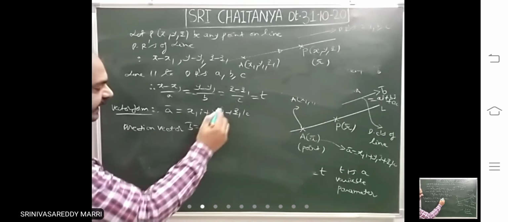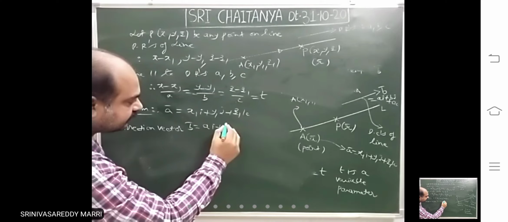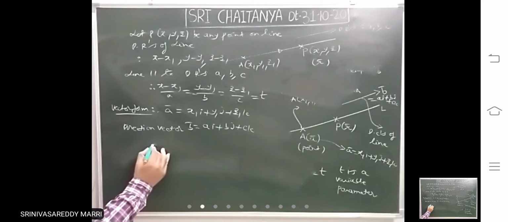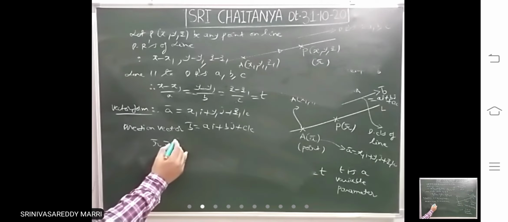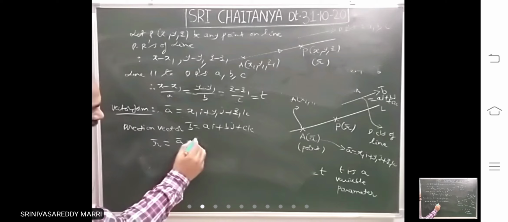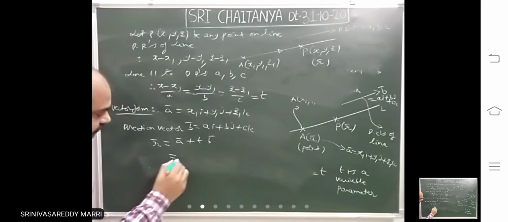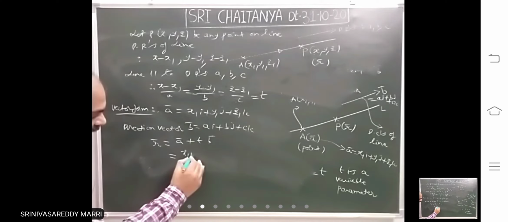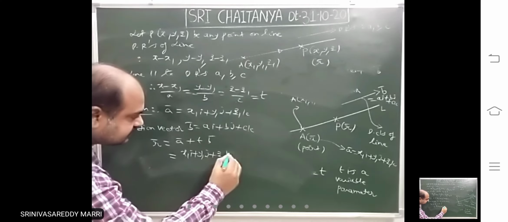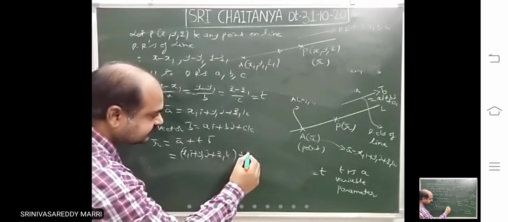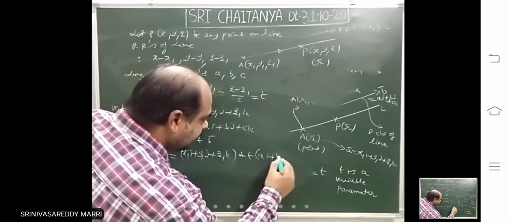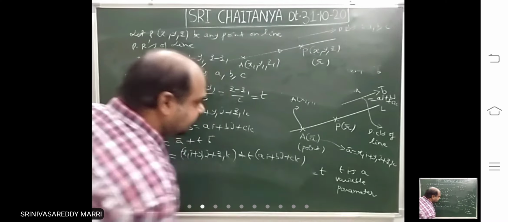B bar is obtained by taking the DRs and writing the vector. So vector form is R bar equals A bar plus T B bar. That means x1i plus y1j plus z1k plus some t into (ai plus bj plus ck).